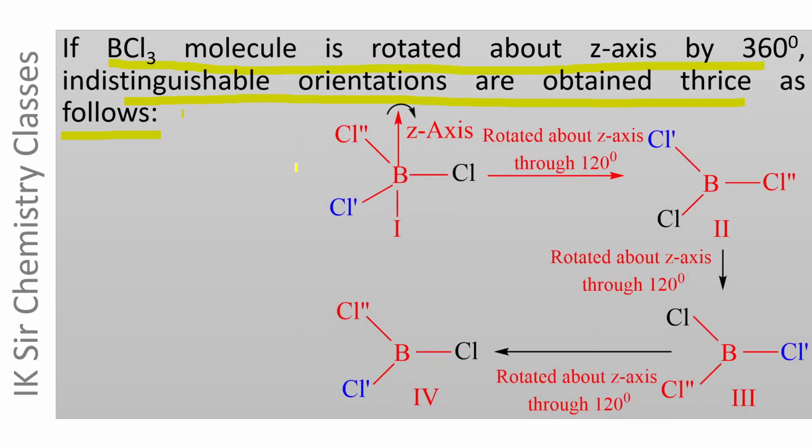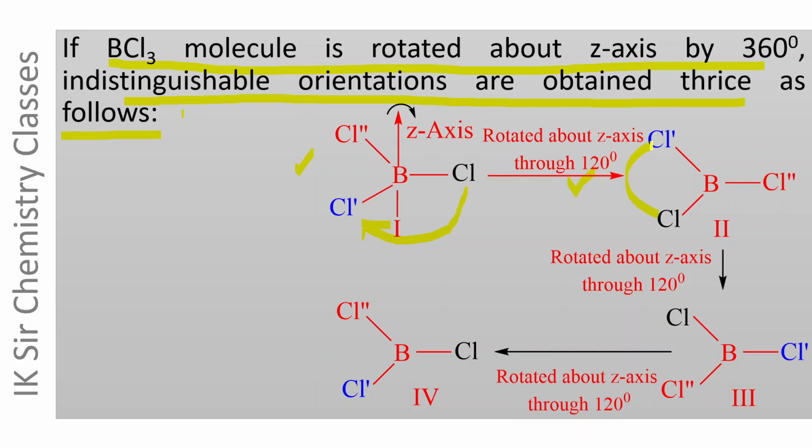This is BCl3 molecule. It is rotated about Z axis by 120 degree. This Cl atom will come to this position. Orientation number 2 is obtained. It is again rotated about Z axis by 120 degree.